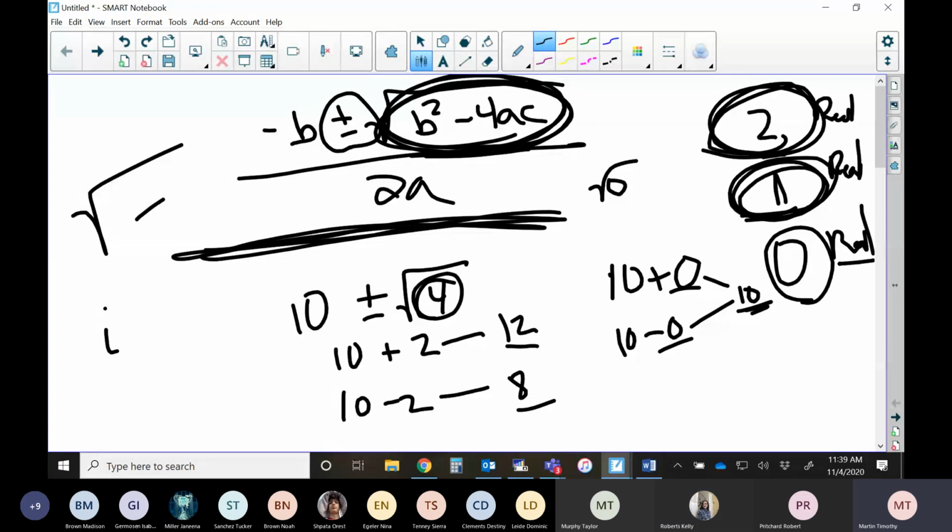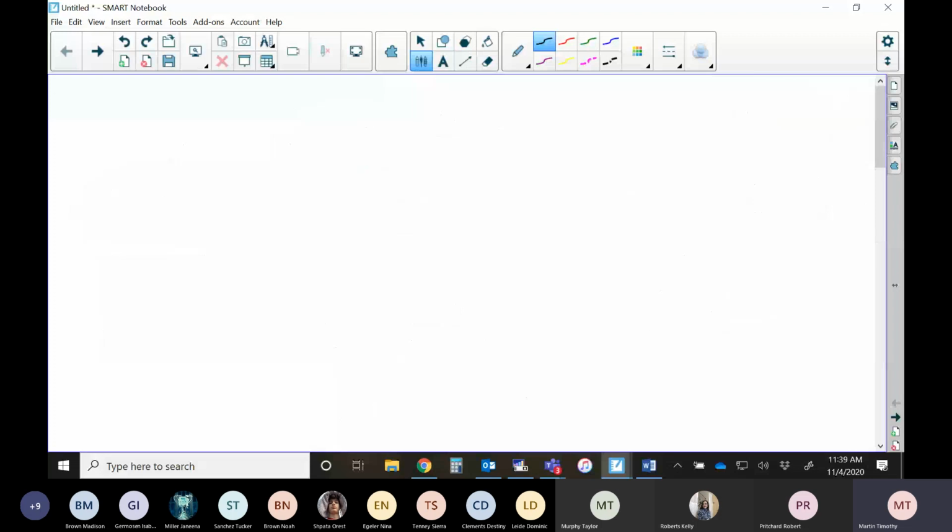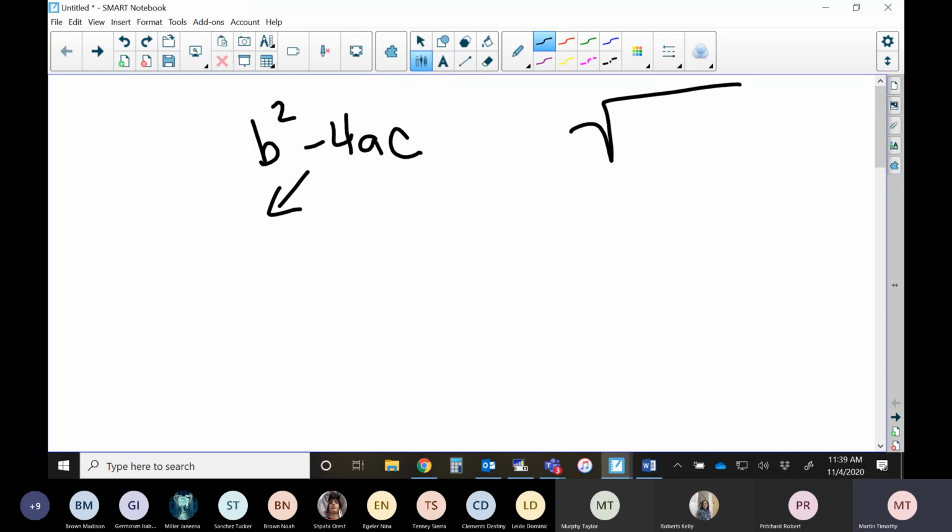It's no longer what type of number? Real. So we call this thing, like Kelly already said, this part of the quadratic, a discriminant. It's the part that's underneath the square root. And what I'm telling you is, if you do this and you end up with a positive number, what do you know about the x-intercepts? How many are there going to be and what are they?